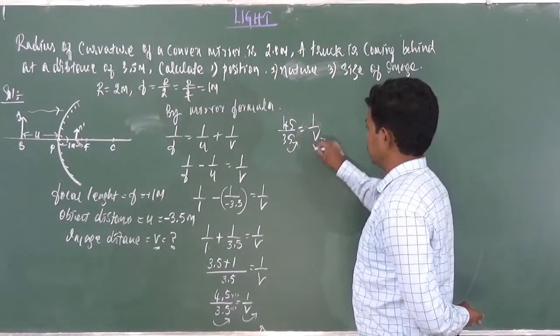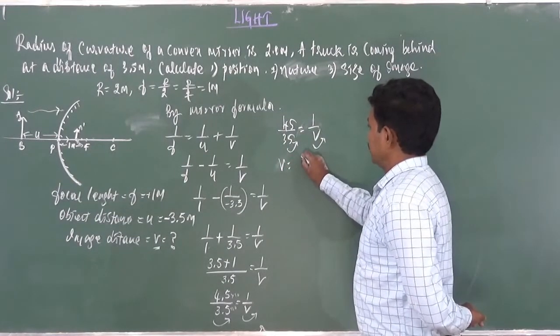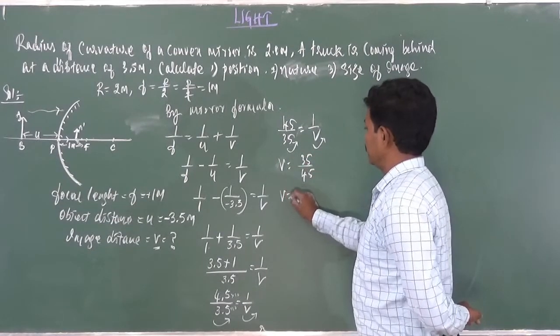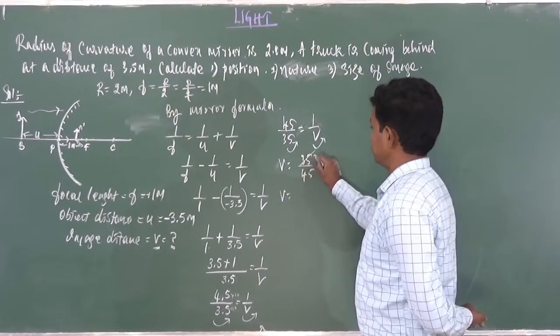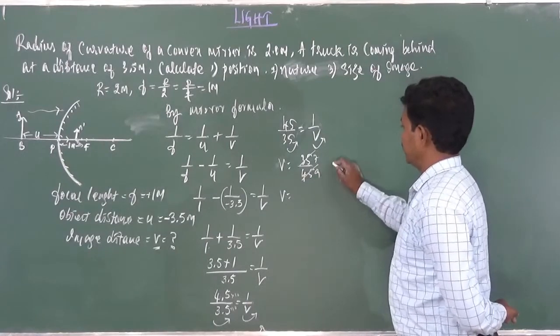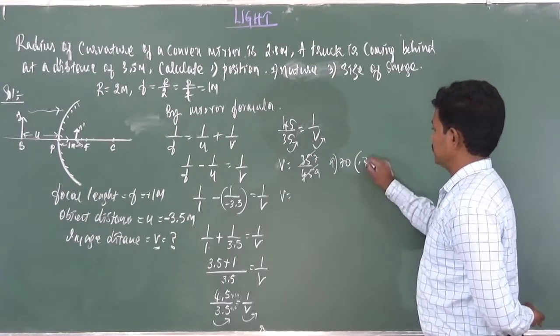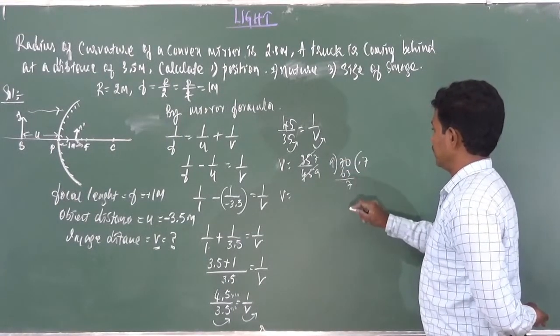So let us take reciprocals. V is equal to 35 by 45. We can divide this by 5: 5 sevens are 35, 5 nines are 45. So you should divide 7 by 9. 9 sevens are 63, so we are left with 7 again.